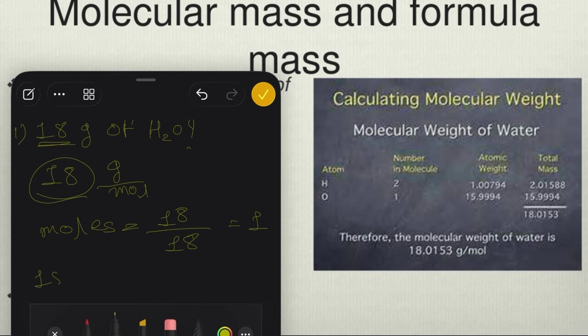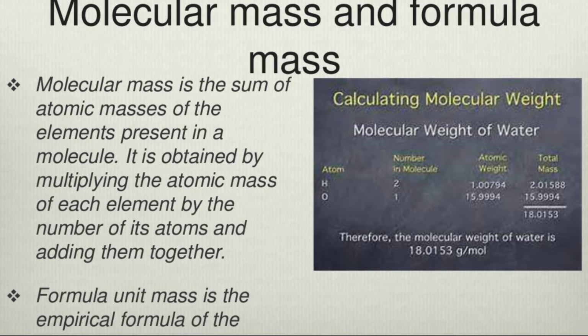So 18 gram of water contains 1 mole of molecules.